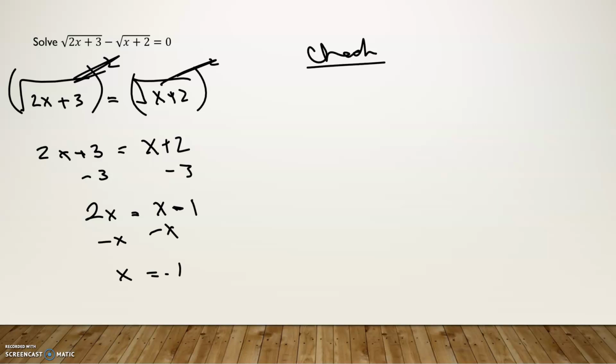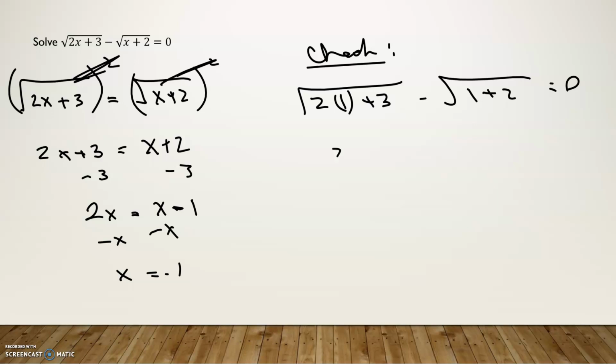Now I need to check that. Okay, so the square root of 2 times negative 1 plus 3, minus the square root of negative 1 plus 2, equals 0. Oops, that should be a negative 1 right here, so that will be a negative 2.